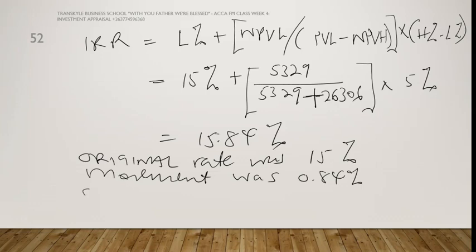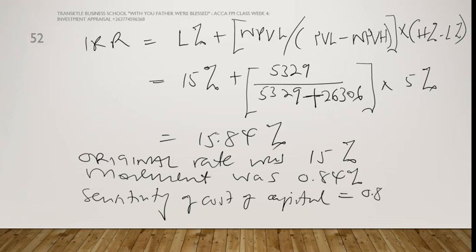So the sensitivity of the cost of capital is equal to 0.84 over 15 multiplied by 100%, and this gives us about 5.6%.